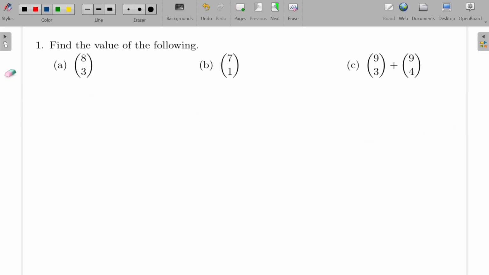Now when you go to C, for C you have been given 9 combination 3 plus 9 combination 4. Okay, so this is just addition.